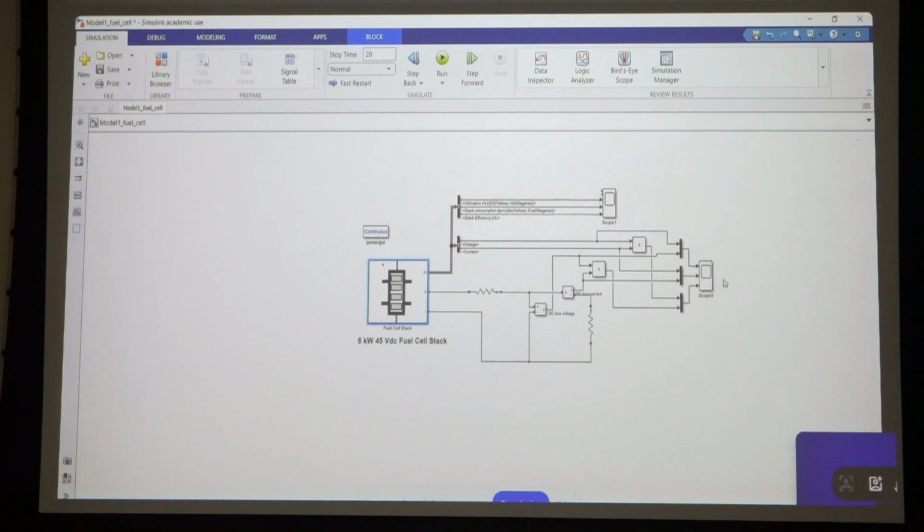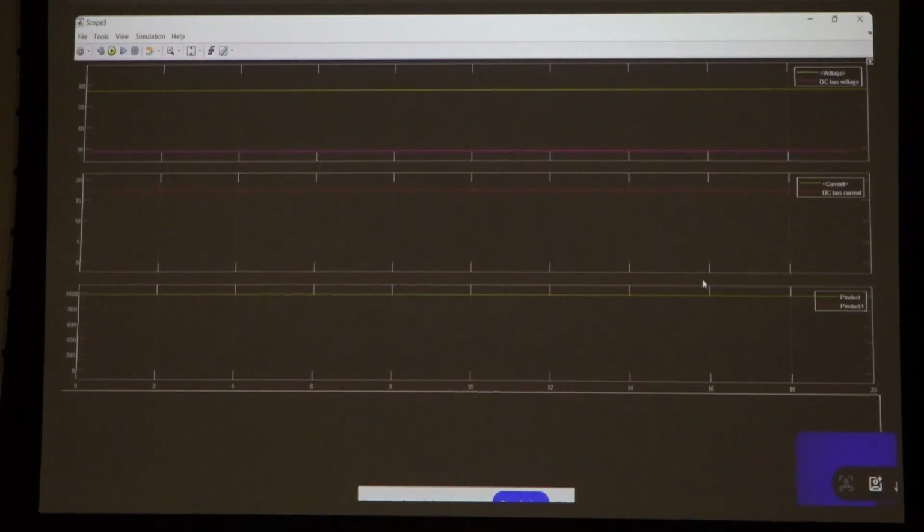But from here, if we see the voltage supplied by the stack, this is the yellow one, this is more than 45 volts, you see. So my question is why? Because the nominal operating voltage of this fuel cell is 45 volt, but you see the voltage is higher than the nominal voltage, 45. And also the maximum power supplied by this fuel cell is 1 kilowatt, not 6 kilowatt.